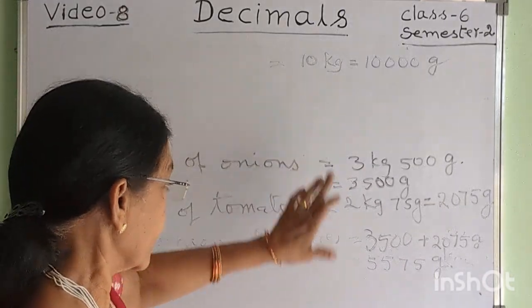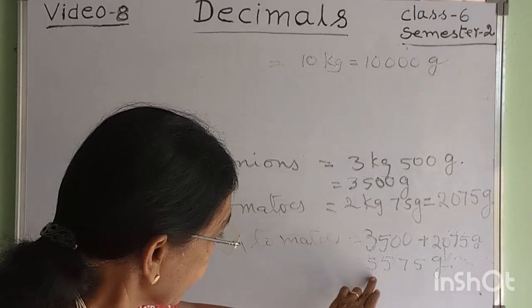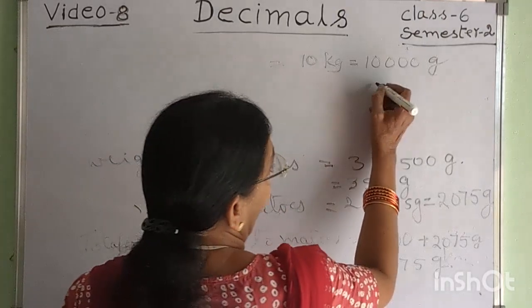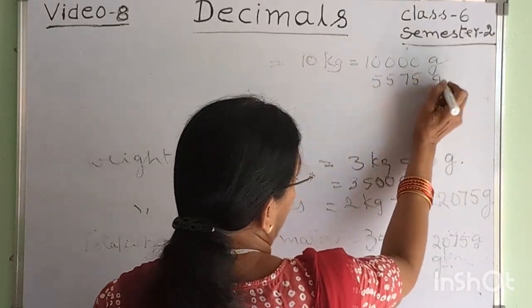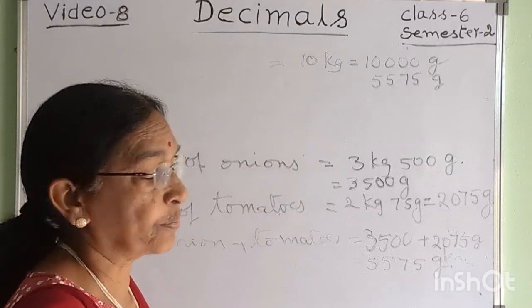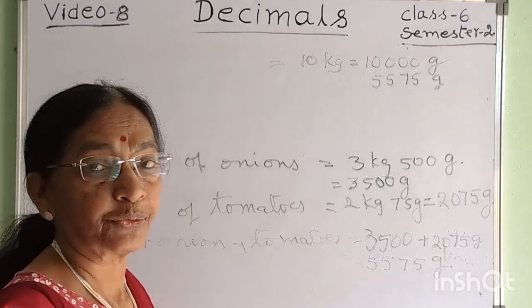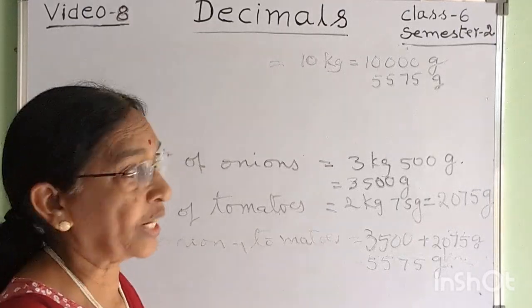Among this, the sum total of onions and tomatoes is 5575 grams. So subtracting, we get the remaining weight, which is the weight of potatoes.